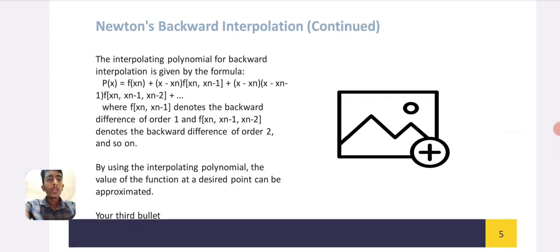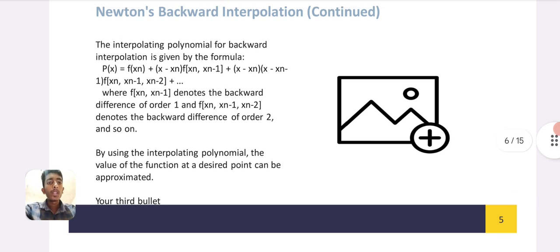The interpolating polynomial of backward interpolation is given by the formula p(x) = f(xn) + (x - xn) f[xn, xn-1] + (x - xn)(x - xn-1) f[xn, xn-1, xn-2] + and so on, where f[xn, xn-1] denotes the backward difference of order 1 and f[xn, xn-1, xn-2] denotes the backward difference of order 2 and so on.